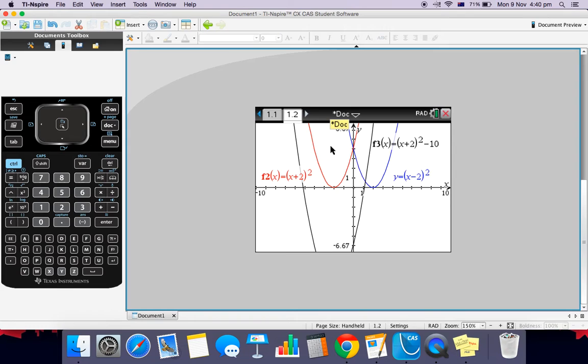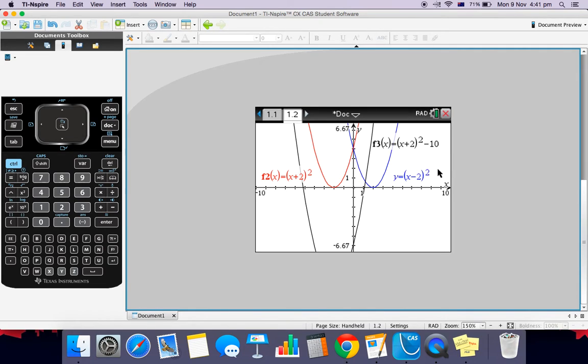These two, the red and the white, have had plus 2 added and been squared separately, as shown here in this red equation. By squaring a number added to the x, it's going to move the graph left and right.